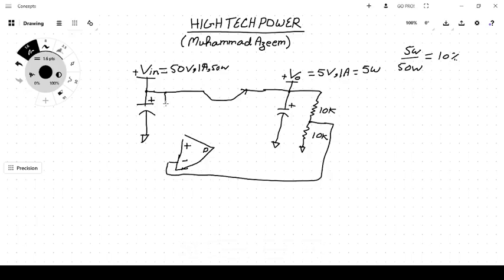To provide the fixed reference voltage, we normally use a zener, and nowadays we can use another IC which is called the TL431. So this is the zener.